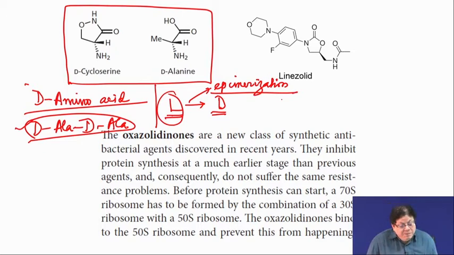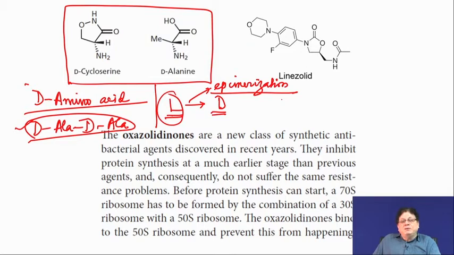And in epimerization, if you remember your biochemistry from the first part of this course, epimerization is carried out by a PLP dependent enzyme. PLP means the vitamin B6, the pro-coenzyme is vitamin B6.